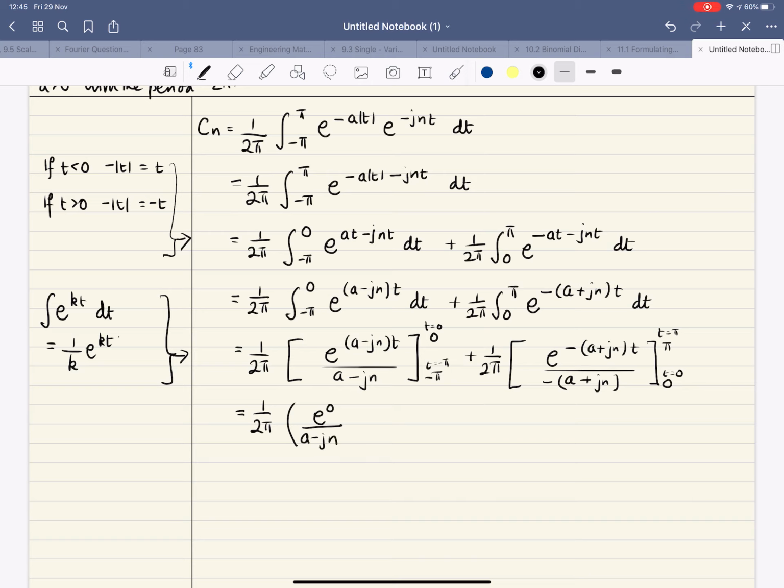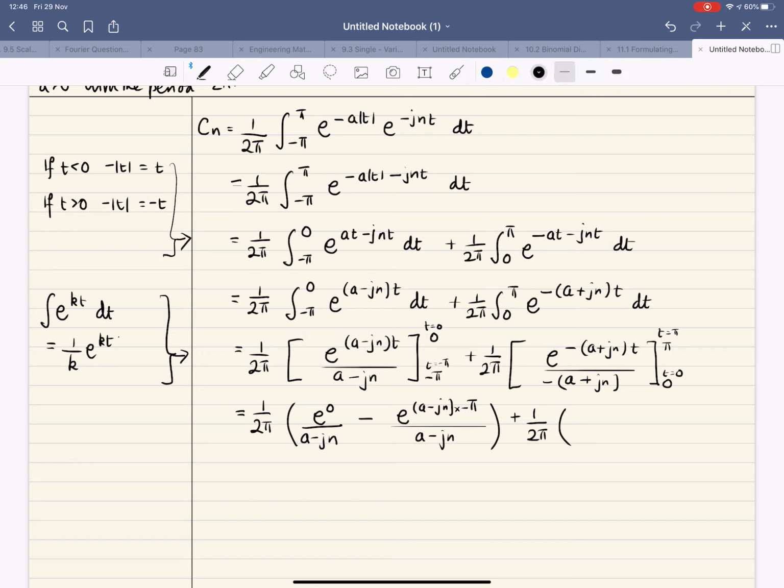And then we've got minus e to the a minus jn times minus pi, because we've got to put t is minus pi there, look. And then that's all divided by a minus jn. And then the next one, could have done all that in one big brackets, but I'll keep it separated for now, combine them in a minute.